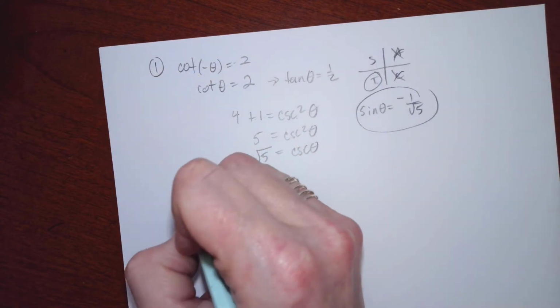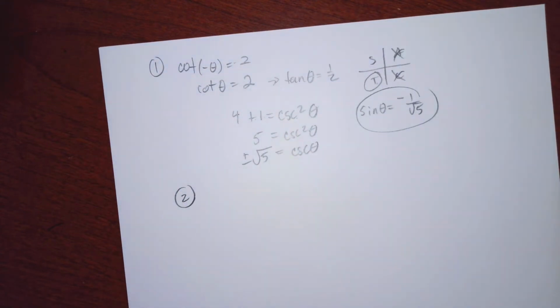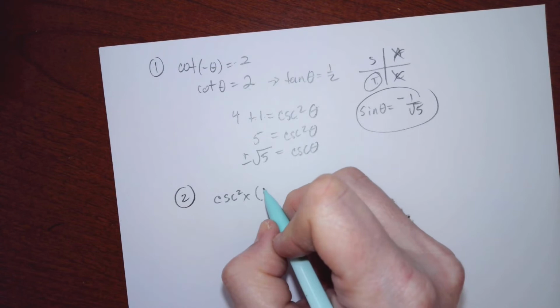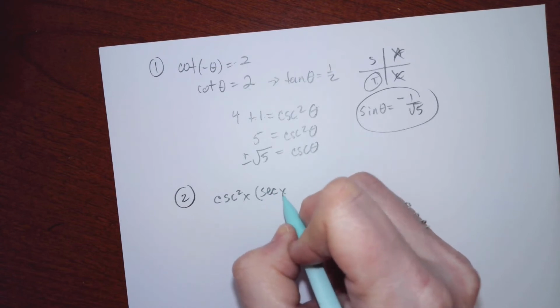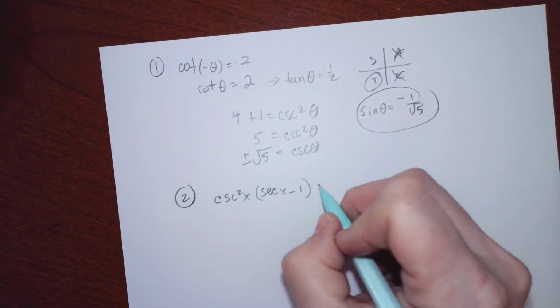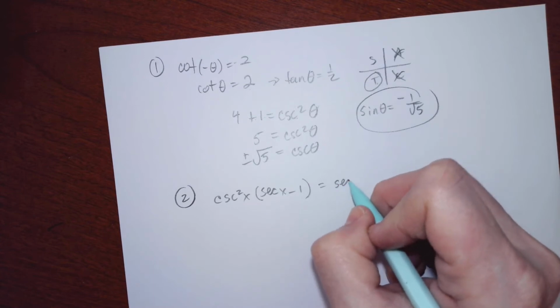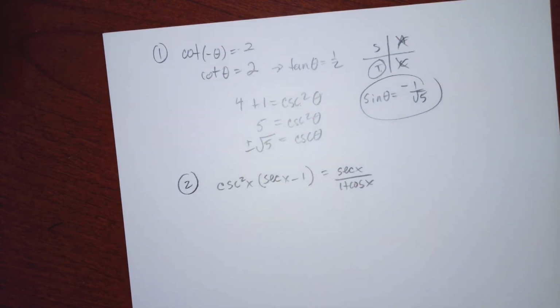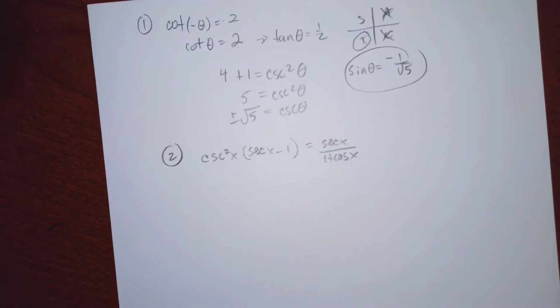All right, so for number 2, verify this identity. So on the left side, I notice that there's a cosecant squared I can take out, which leaves me with secant minus 1, equals secant over 1 plus cosine. Okay, let's see.